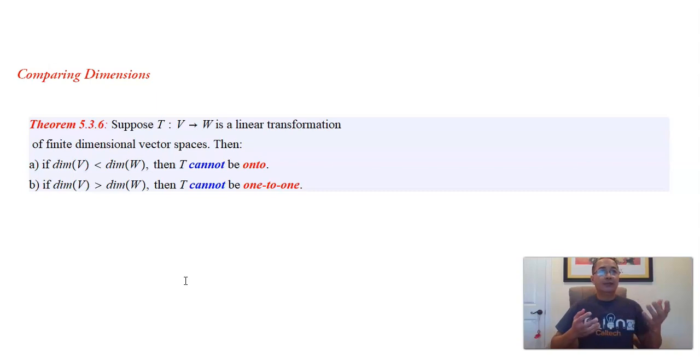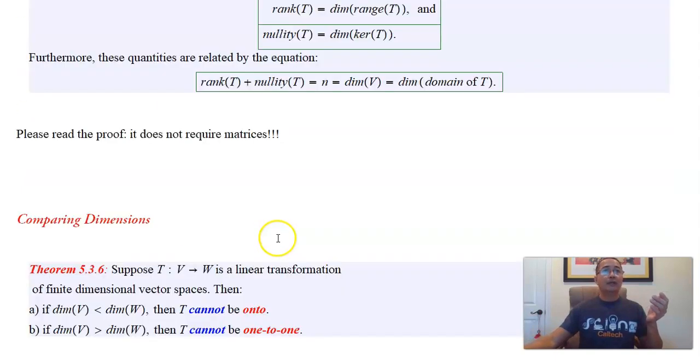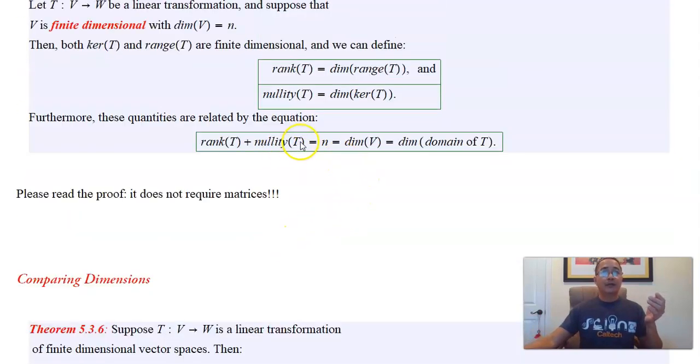So if your transformation is going from a smaller dimension to a bigger dimension, the transformation cannot be surjective. It can't be onto. But if it's going from a bigger dimension to a smaller dimension, then it cannot be one-to-one. Okay, so why does that follow from the dimension theorem?